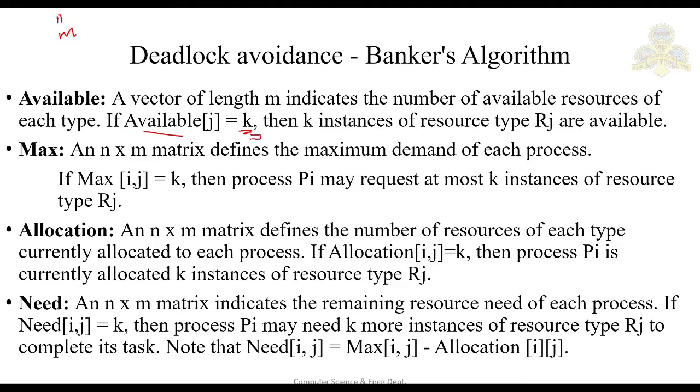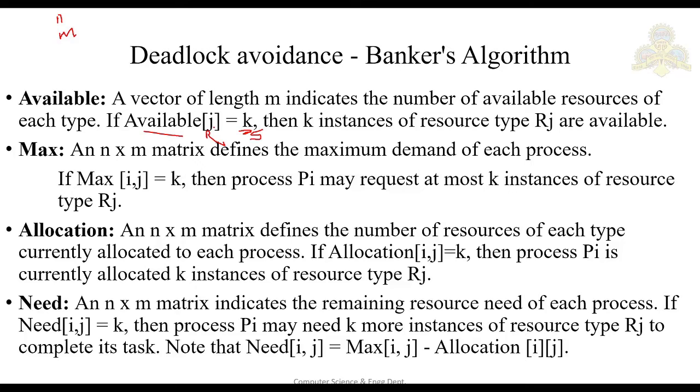So k represents instances and j represents the resource type. So available[j] equal to k means k instances of resource type j are available. Basically, understand that available is the total number of resource instances of the resource types that are available in your system.